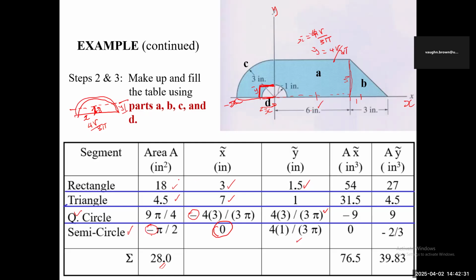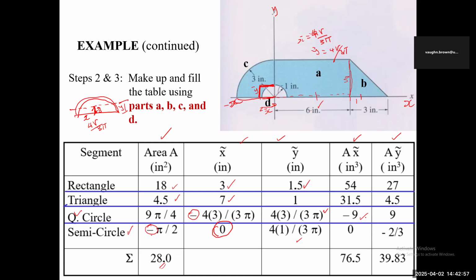And now all we do is multiply this column here by each one of the columns here. So the area is multiplying the x and y, and we get, for the AX, that column and then AY. So we keep multiplying the area by each one of the x bar, y bar for the individual ones. And if you notice, the one for the quarter circle is minus right there.